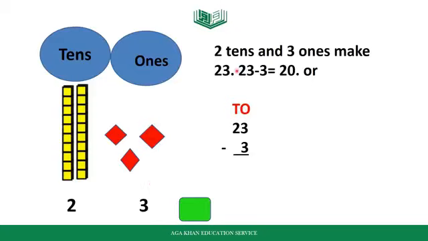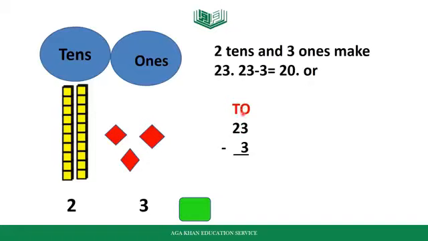Okay. So how do we write this when we do subtraction sums? See, vertically, what do we write? First, we write the number 23. Keep in mind the number 23. The first step is writing the number. After writing the number, we put the place value.